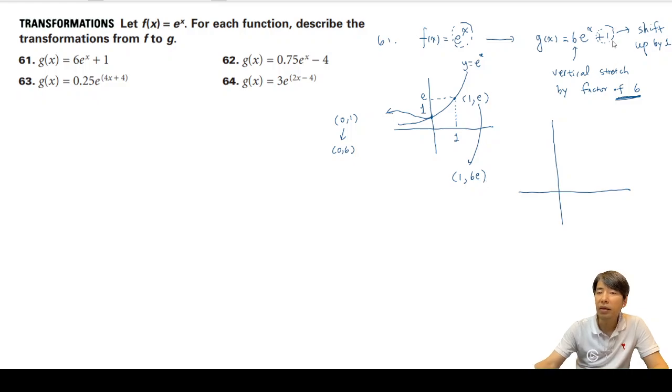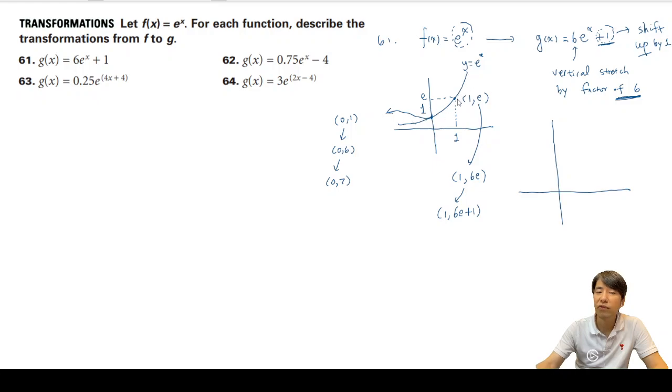And then you add 1. That's a shift up by 1, so you have to add 1 to the y coordinate. So eventually, this point becomes 0, 7 if you add 1 to 6. And if you add 1 to 6e, it becomes 1, 6e plus 1. So basically, what you're going to have is this, what?